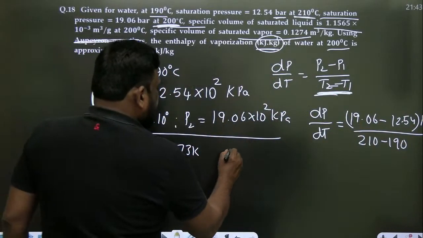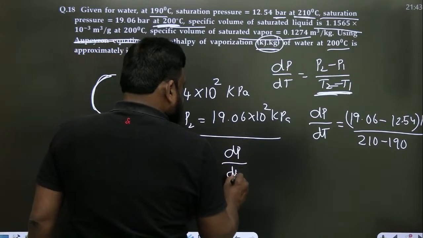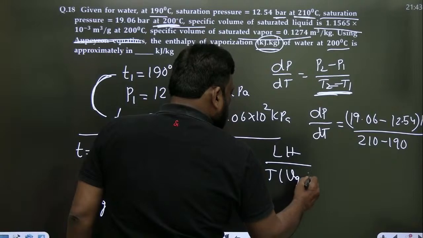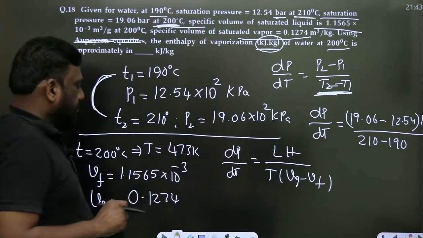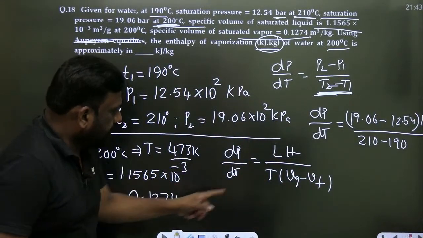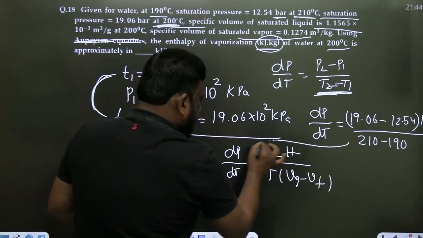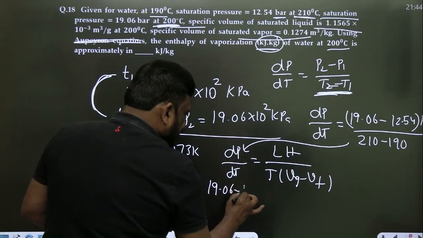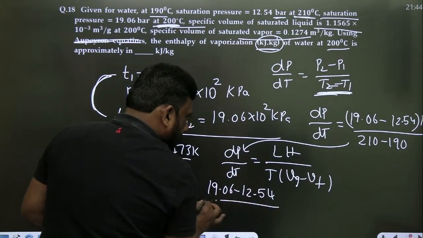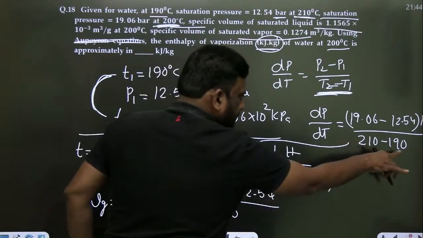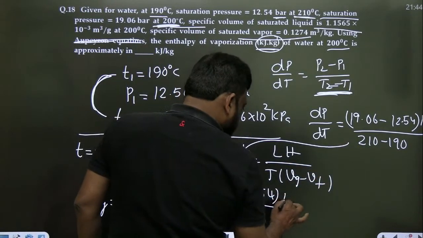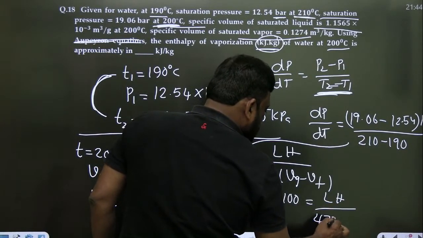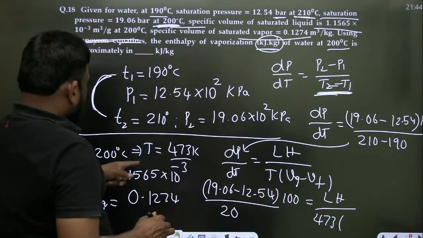So my equation is dP by dT is equal to latent heat by T into Vg minus Vf. Now see at what temperature it is asked. He asked at 473. Already dP by dT is known, put it here. 19.06 minus 12.54 by 20, that is 210 minus 190, into 100, should be equal to latent heat, which I don't know, and this is 473 into Vg minus Vf.